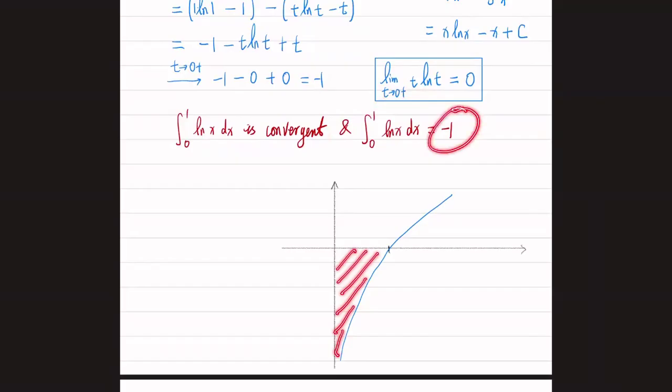So the absolute area of this will be 1, because it's under the line, so it's negative. So it means total area. Okay. Very useful information.